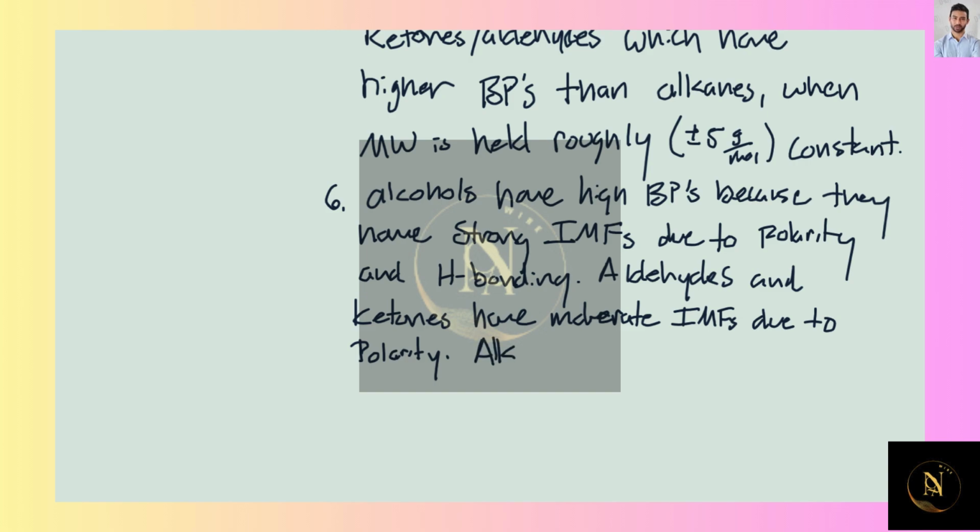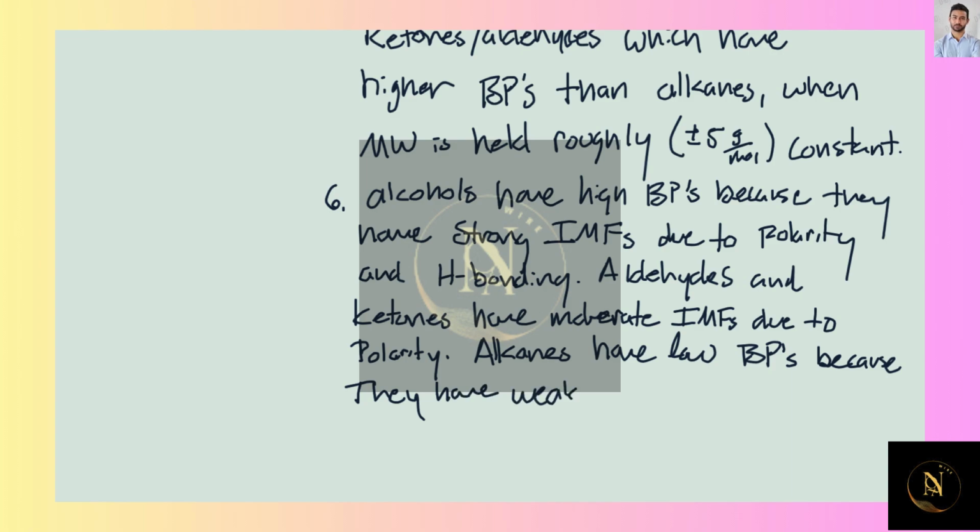Alkanes have low boiling points because they have weak IMFs because they are nonpolar.